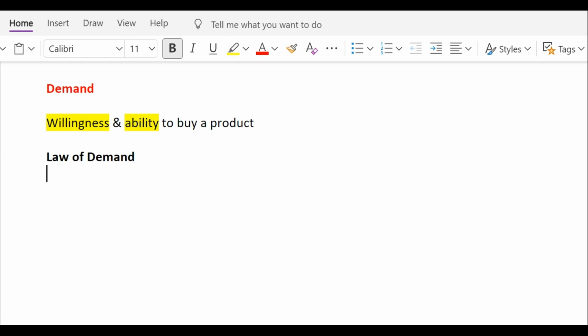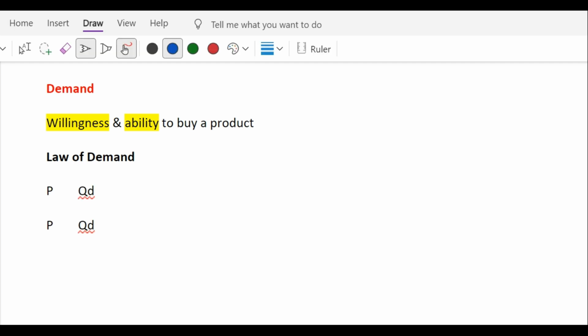Now, what is the law of demand? The law of demand states that there is an inverse relationship between price and quantity demanded. Let's look at this with an example. Let's assume that I'm going to buy chocolates. When the price of chocolates increases, I would buy fewer chocolates than before.